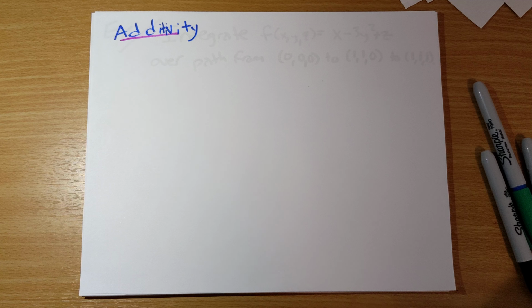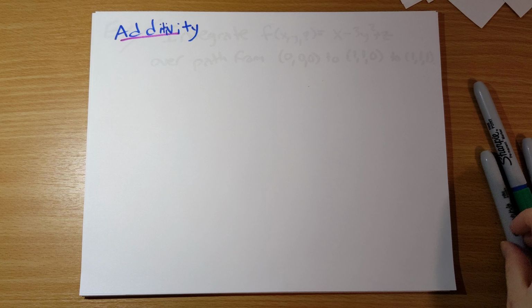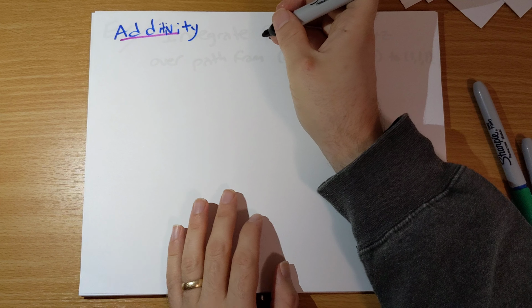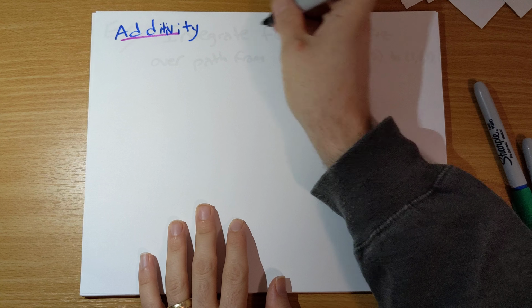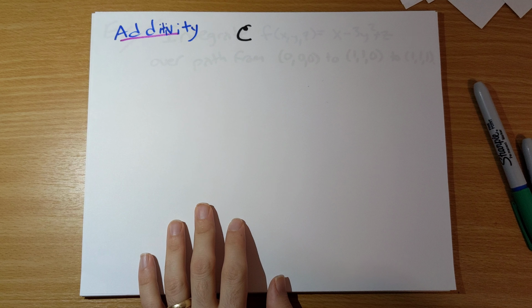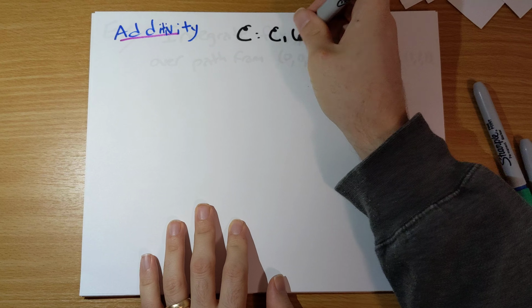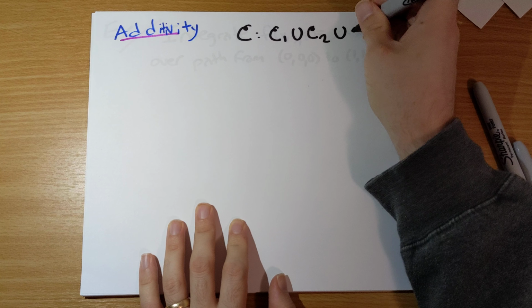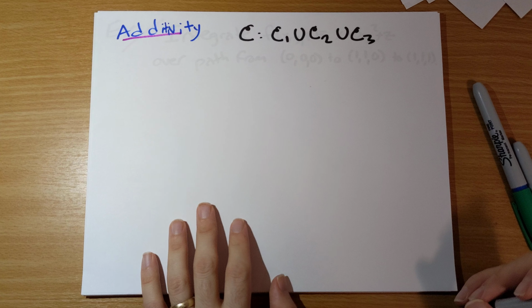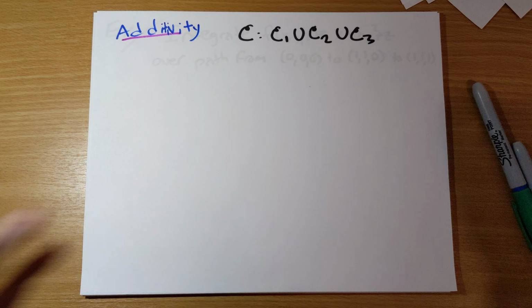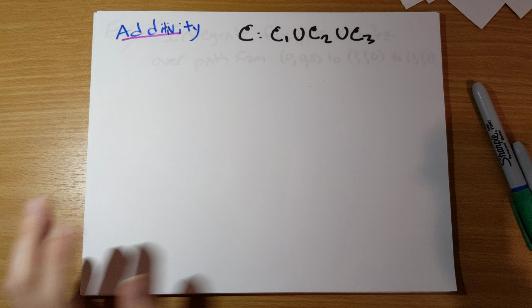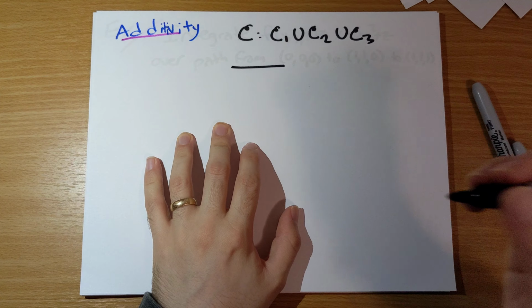One important property of scalar line integrals is additivity. Suppose that we want to integrate over a curve C, where C is the union of a bunch of line segments, or not necessarily line segments, just a piecewise smooth curve, but there could be sharp corners to it.